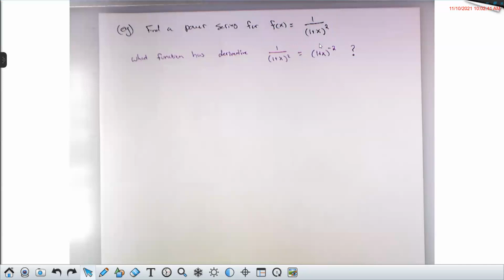Here's how I think of it. Imagine the 1 isn't here. This would just be x to the negative 2. Who has a derivative that looks like x to the negative 2? Think power rule.